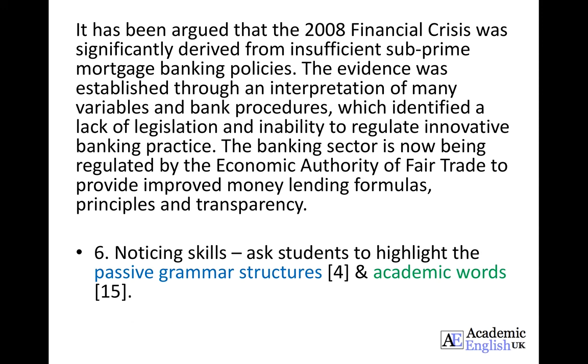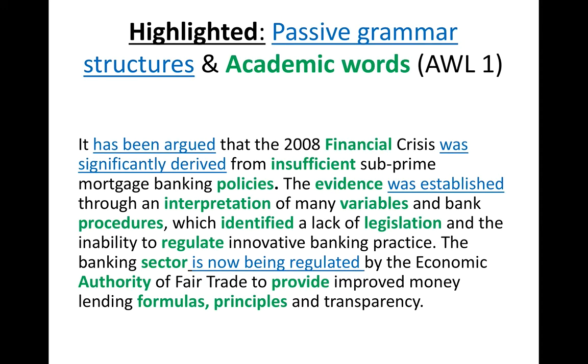Okay, I'm now going to reveal the answers. So in blue, the passive structures are has been argued, was significantly derived, was established, is now being regulated. And the academic words from the academic word list, sublist 1, are financial, insufficient, policies, evidence, interpretation, variables, procedures, identified, legislation, regulate, sector, authority, provide, formulas, principles.